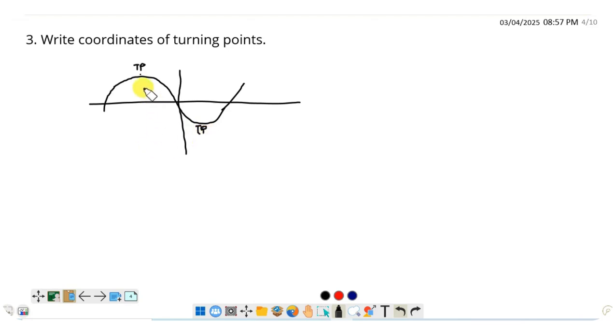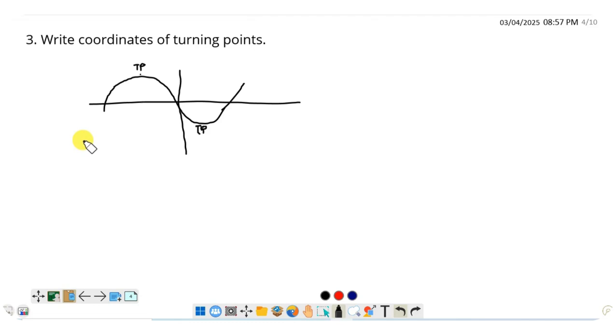Now we need to find the turning points. What did I say about a turning point? I said the gradient of a tangent at a turning point is 0. So we first have to derive, because when we derive, we find the equation that helps us find the gradient.